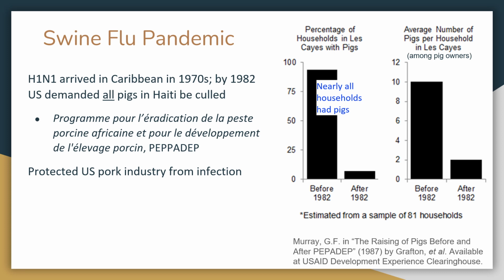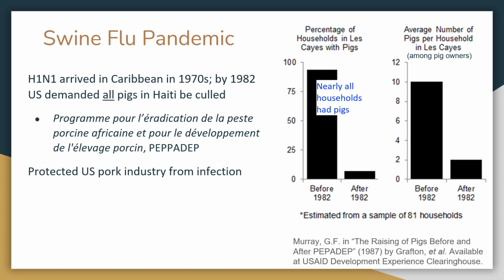And that's because they had to cull all their pigs, disinfect their farm, and then purchase new certified, quote, clean pigs to replace them with, and that was expensive. So not all families could afford to replace the pigs that they had lost.